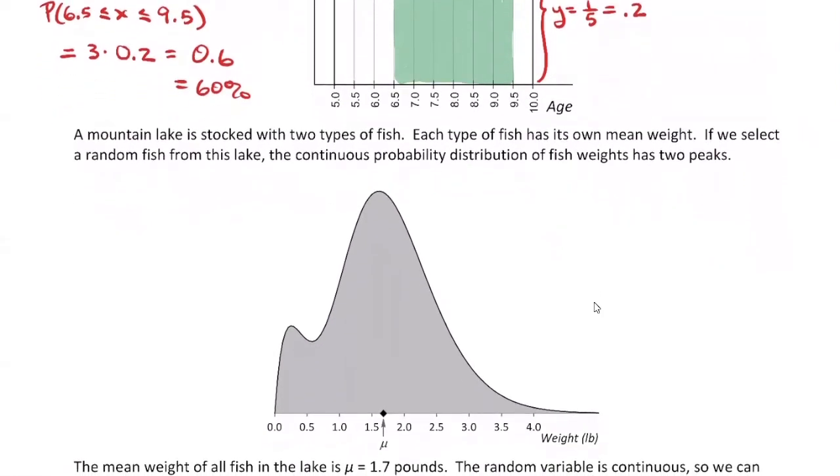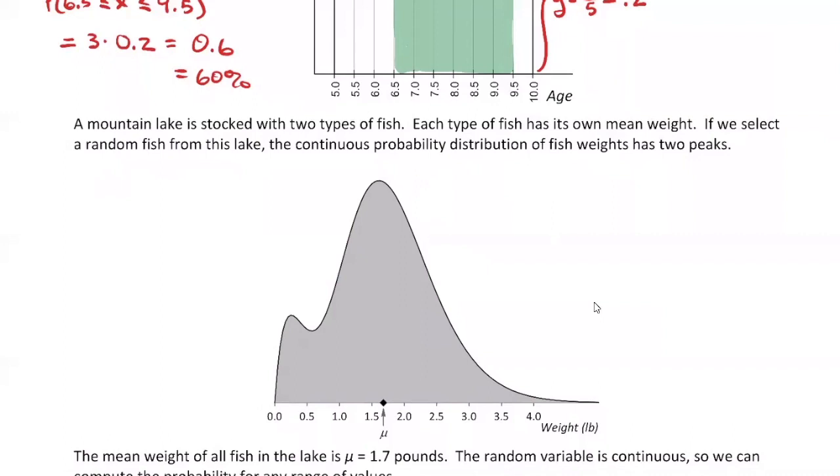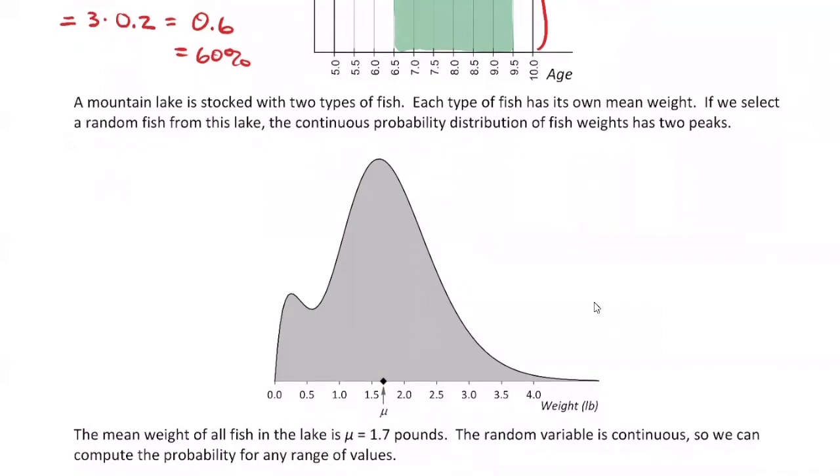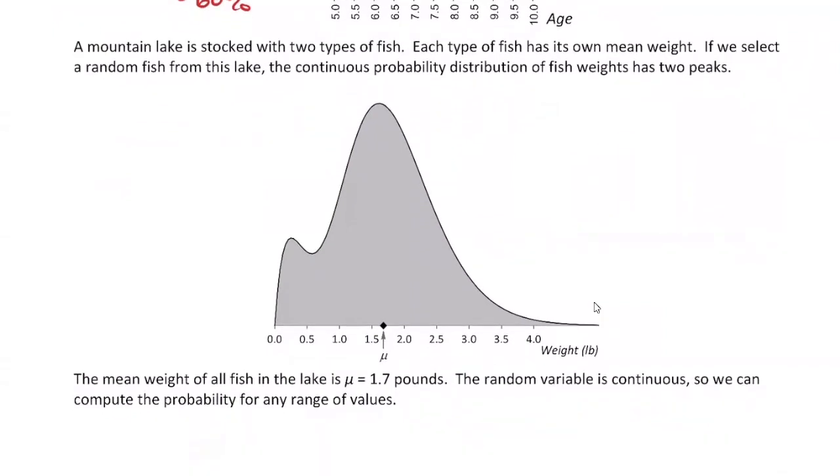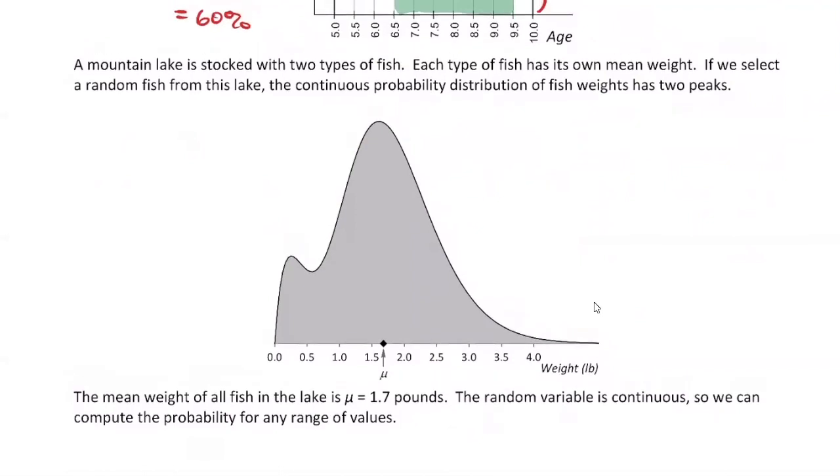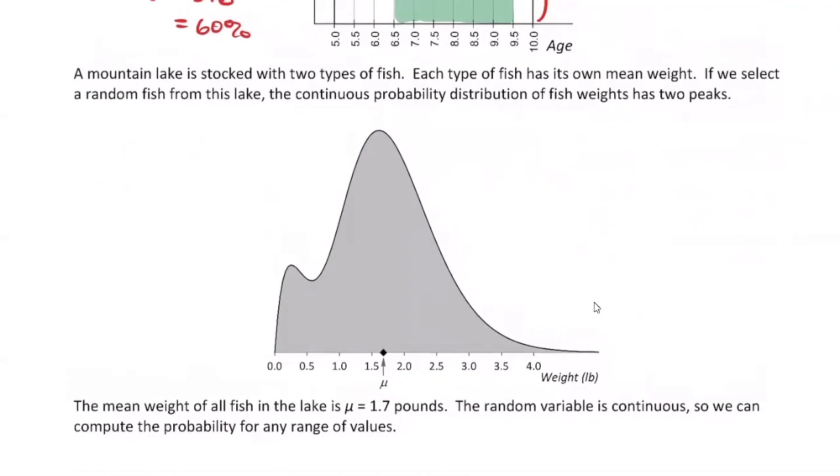Okay, continuing on. This is a strange distribution shape, but it again is a probability curve. What I did was I imagined 2 populations of fish. One is a small fish, the other is a larger fish.